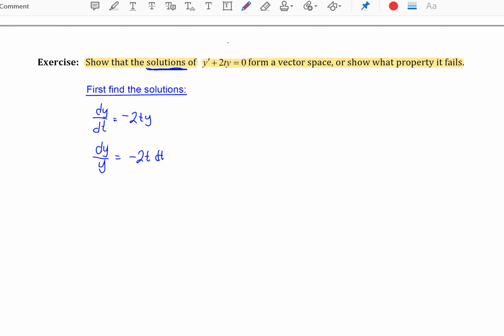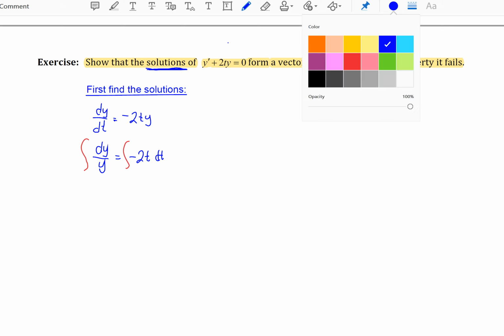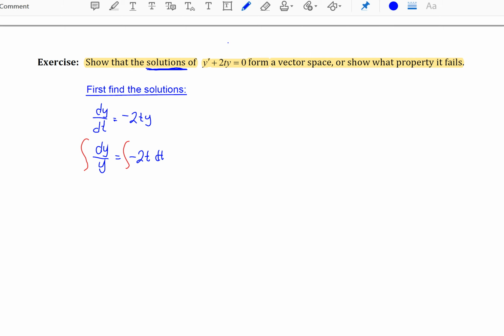Now that we've separated our variables, you'll probably want to integrate each side with respect to the variable that's present. And this should seem familiar to us now. This would be the natural log of the absolute value of y equals, right-hand side, negative t squared is your antiderivative plus your arbitrary constant of integration.